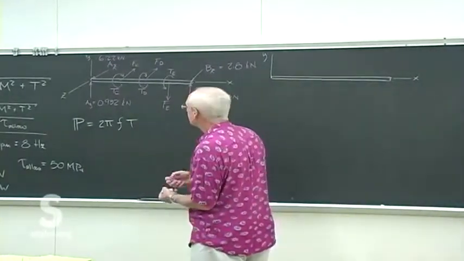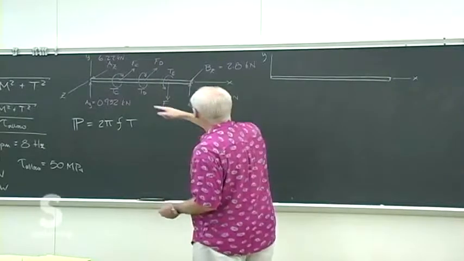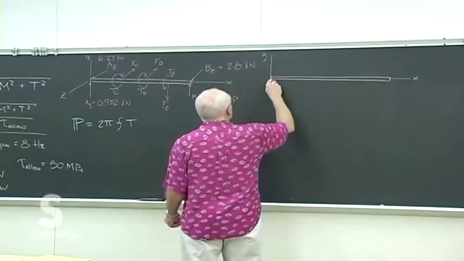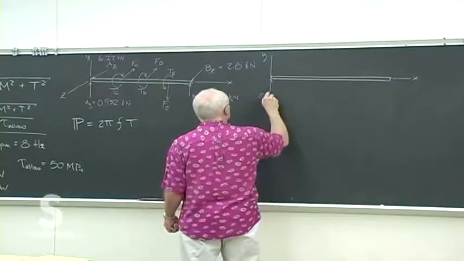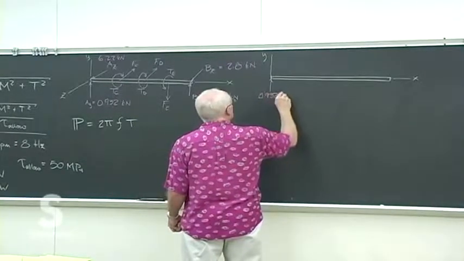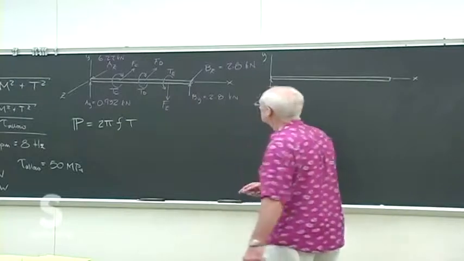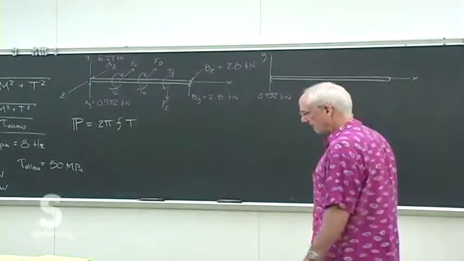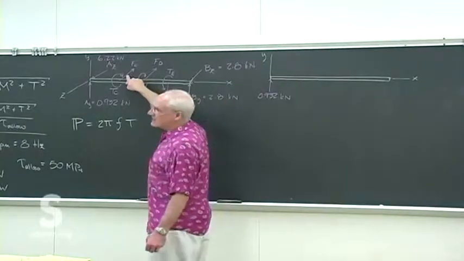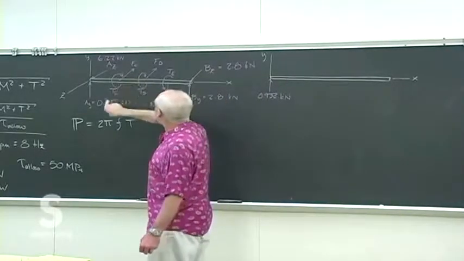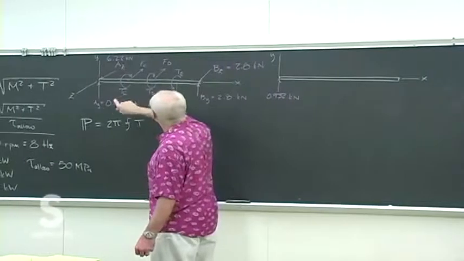Let's see. In the y direction, we've got this 0.932 at the reaction. The force at C we don't see because it's a z force and we're looking down the z-axis.